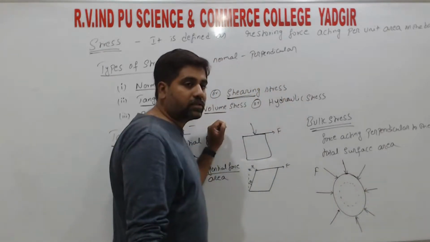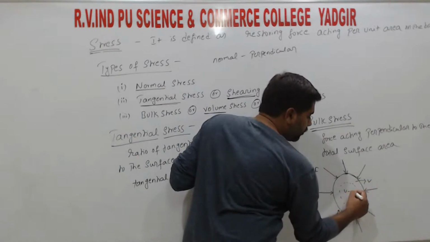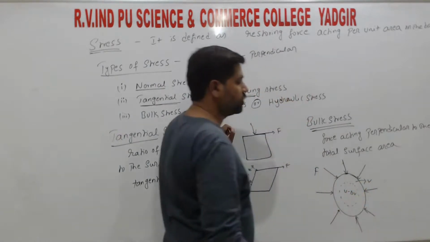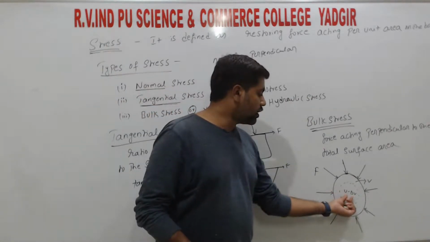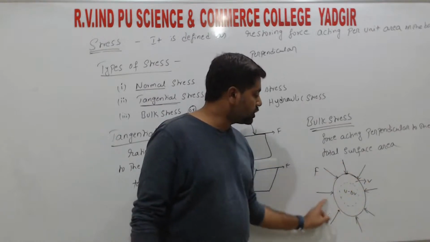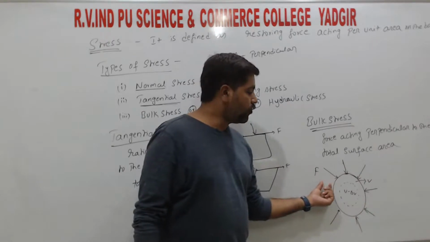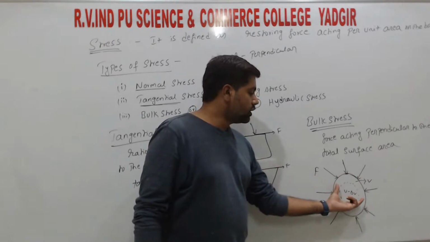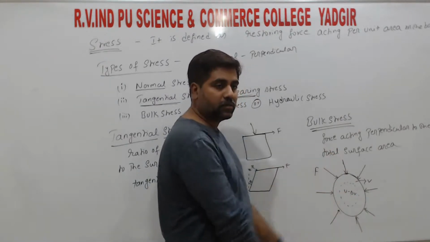If we consider the volume as v, it changes to v minus delta v. So only a small proportion of the volume decreases. Overall, all the surfaces have a force acting, that is the deforming force. So due to this deforming force, the configuration of the object changes, that means it decreases, right?